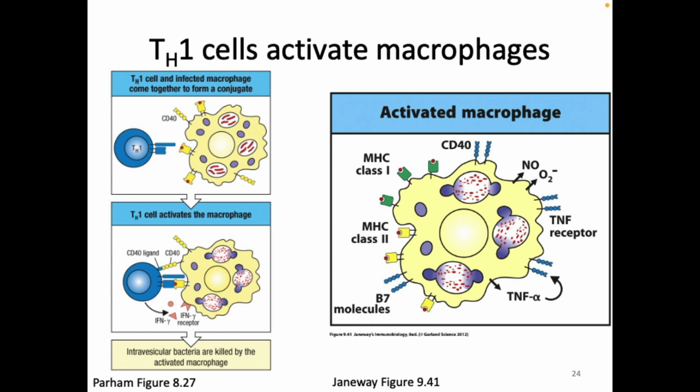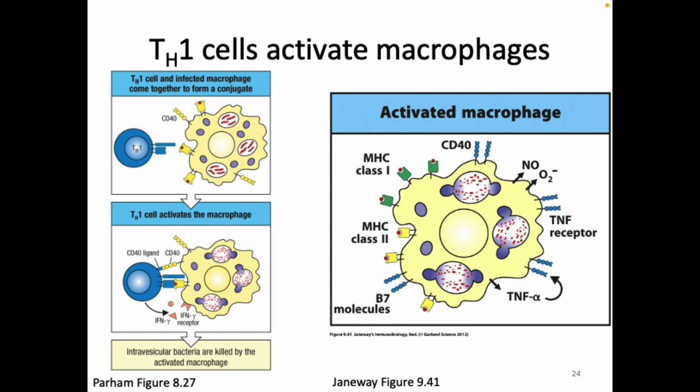All of our different helper T cell subsets can go wrong sometimes. When a Th1 response goes wrong, sometimes we can get some autoimmune diseases as well. So if it's wrong, autoimmune disease. If it's right, we're dealing with viruses and intracellular bacteria.